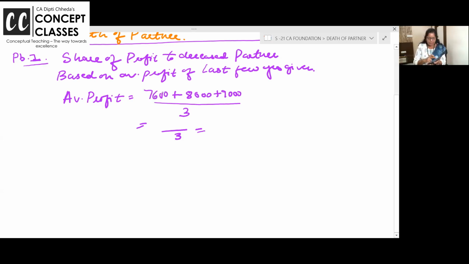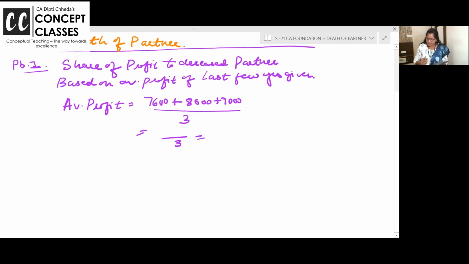Change it. 7,600 plus 8,000 plus 9,000. 24,600 divide by 3. 8,200. अच्छा है, clear है. 8,200. आगे.